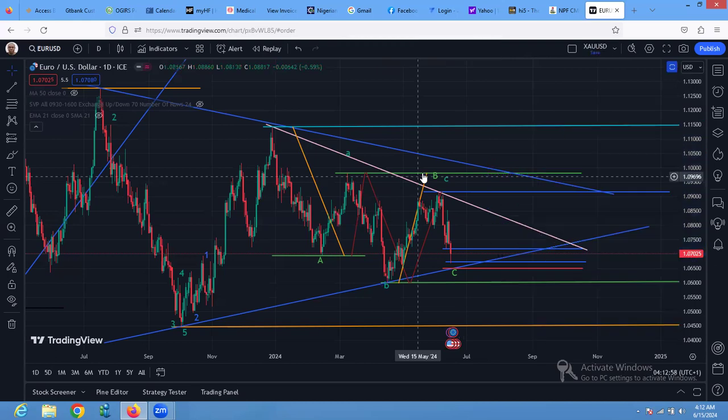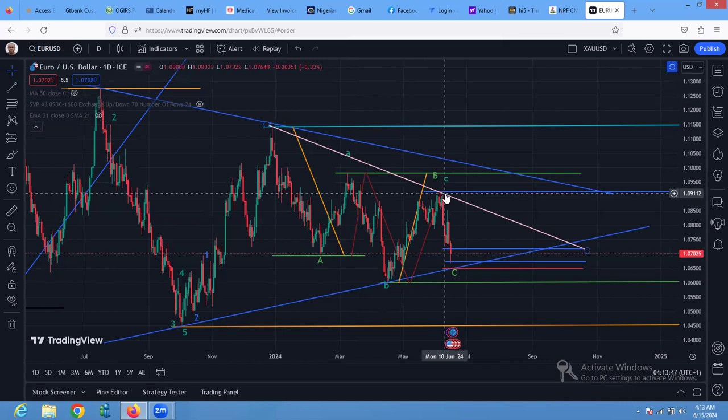So if we have 1, 2, 3 to the downside, for a B, a C going down can only give us a running flat, because if A comes down, and B overshoots it to a 1, 2, 3, which is a C of B, overshoots to 1, 2, 3.